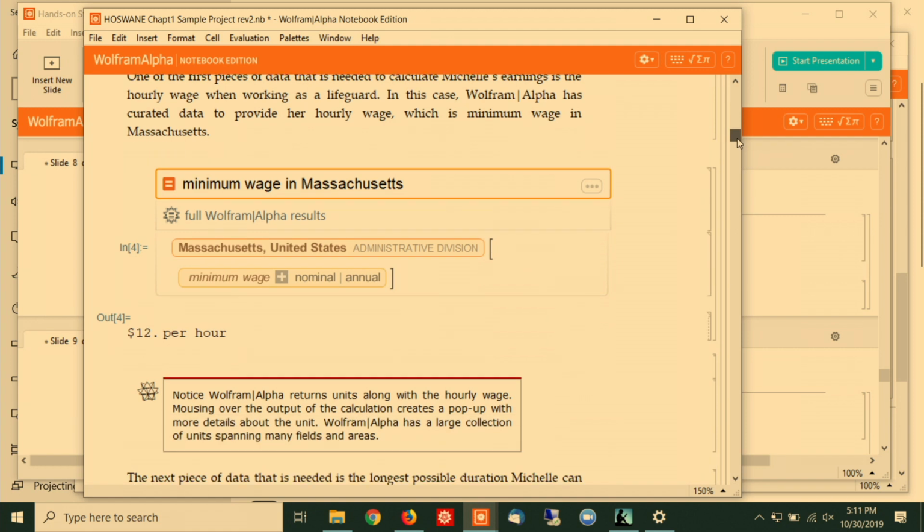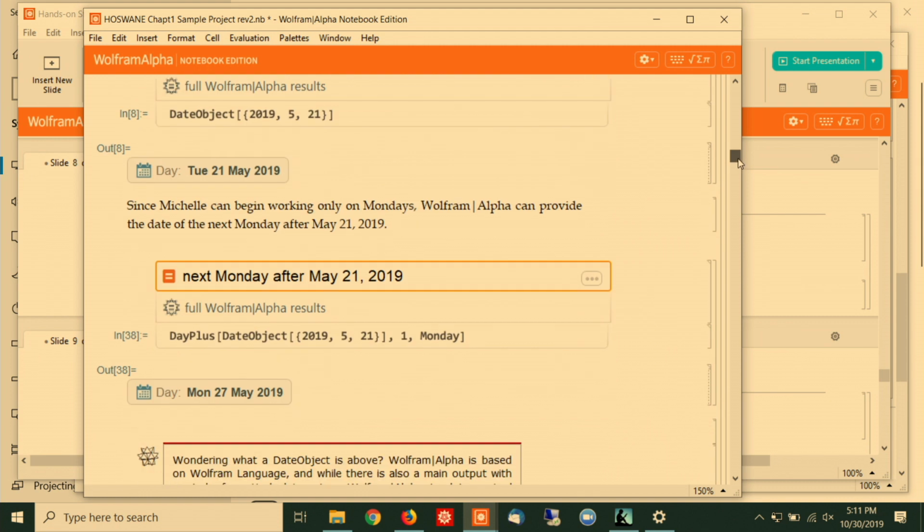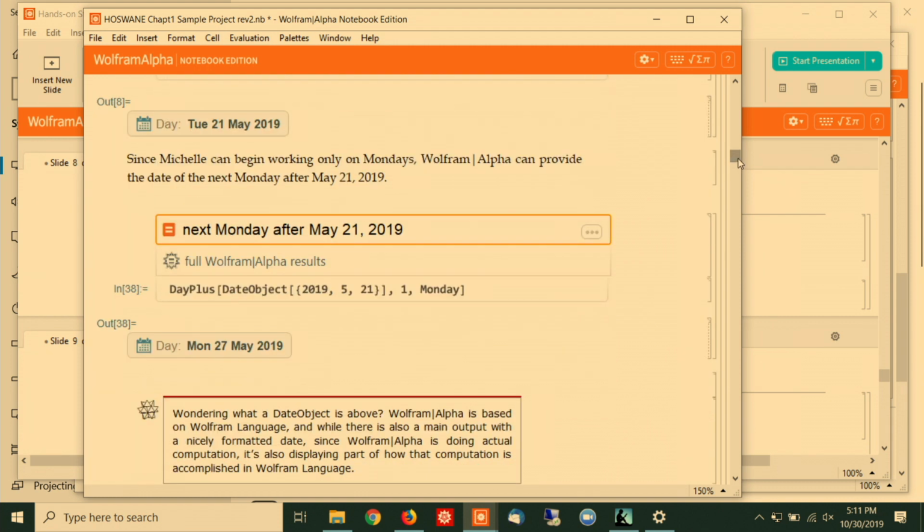What's the minimum wage in Massachusetts? Or query some dates. This particular case is a project where it's a student who's working a summer job and trying to figure out how much should they work and how much time can they take off. So asking a real world question like, if I can only work Monday through Friday, what's the next Monday after May 21st, 2019?